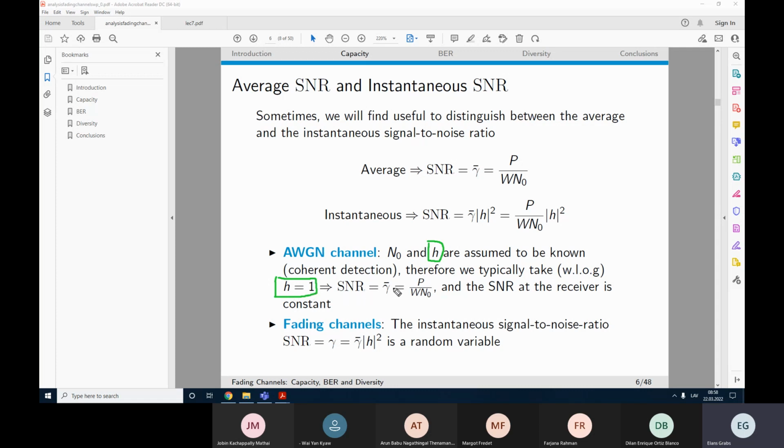And the signal to noise ratio, therefore, is a constant. However, for fading channels, this changes in time. This is actually a random process for a fading channel, and therefore signal to noise is also going to be a random process.